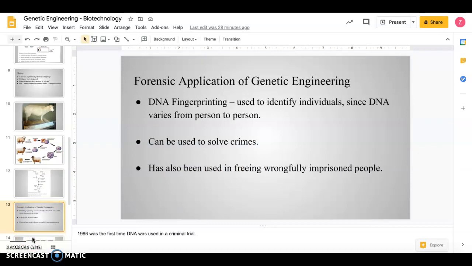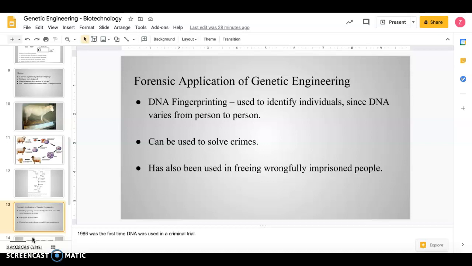Now, how can genetic engineering be applied to forensics? Remember, I said DNA is like your fingerprint. So we can use DNA fingerprinting, in a way it can be described as fingerprinting. It's used to identify individuals since DNA varies from person to person.